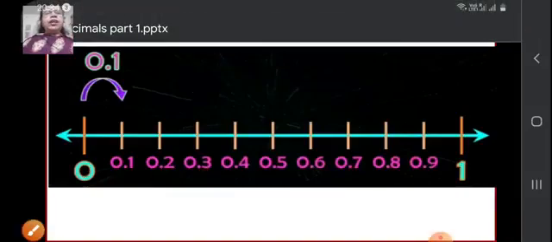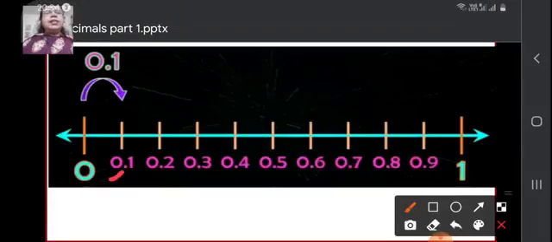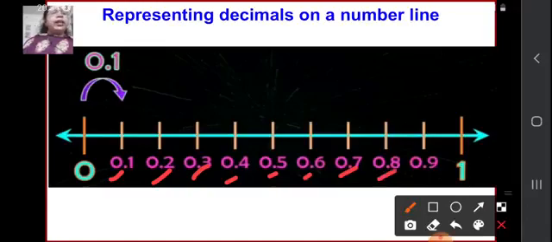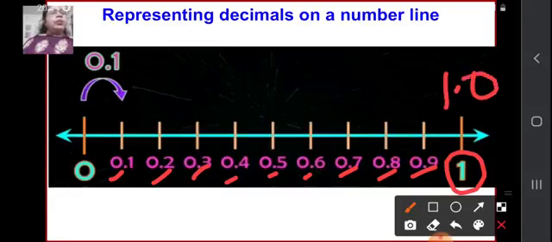Then the first one represents 0.1, this one is 0.2, third one is 0.3, next one 0.4, fifth one is 0.5, next 0.6, 0.7, 0.8, 0.9 and then comes 1. Beyond 0.9 we have 1.0. 1.0 means 1.